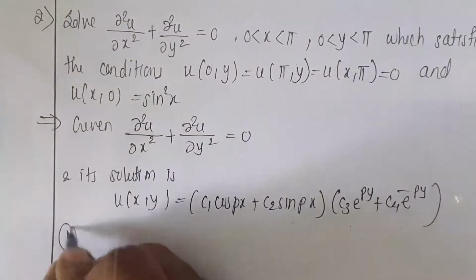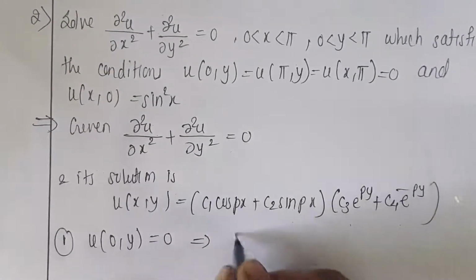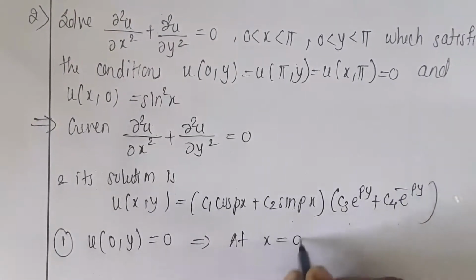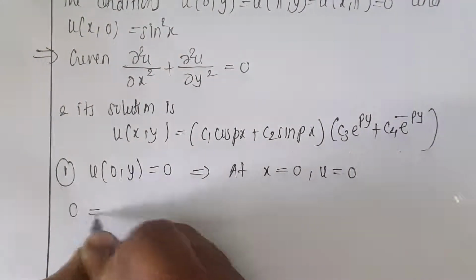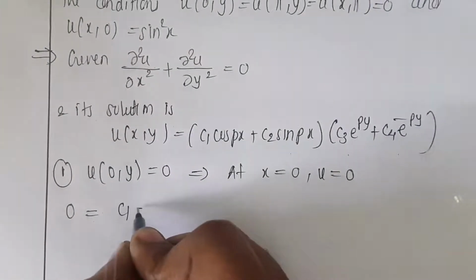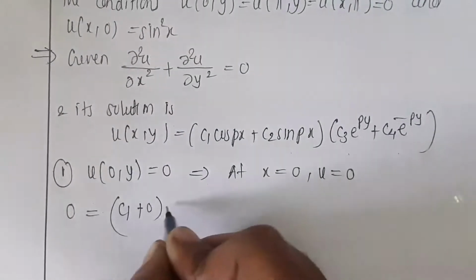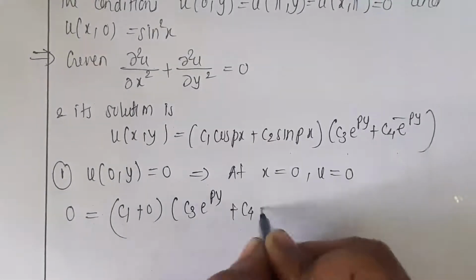The first condition is u(0,y) = 0. What does it represent? At x = 0, u = 0. Substituting in the solution, u = 0 at x = 0 means c1 multiplied by (c3 e^(py) + c4 e^(-py)).